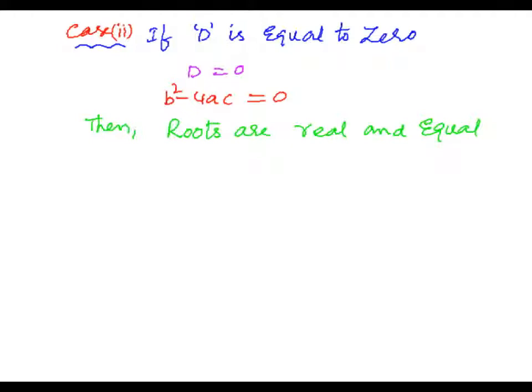The roots will be real as well as equal if the discriminant value equals 0.